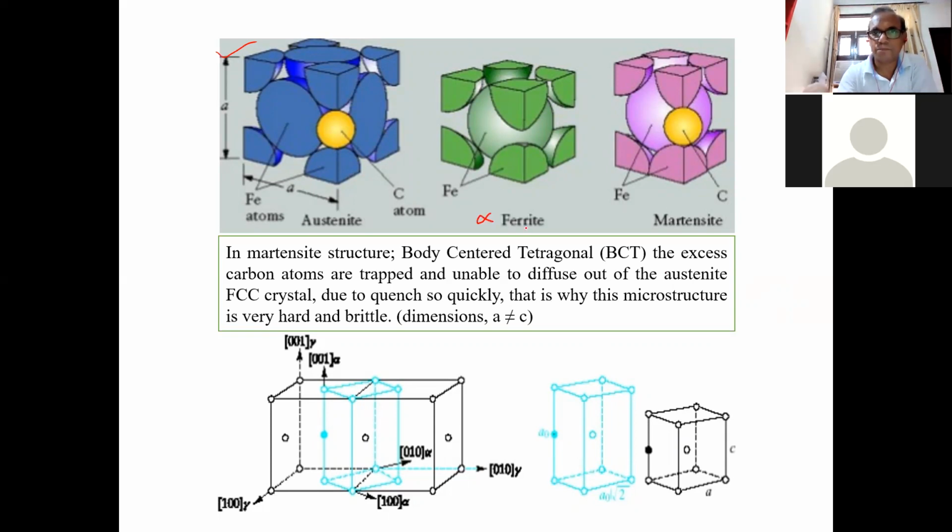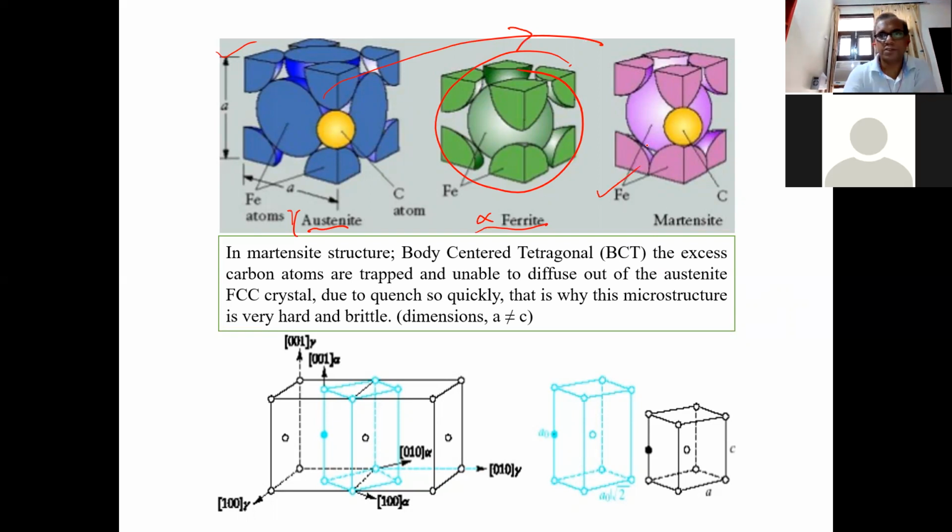This is alpha ferrite. This is gamma austenite. अभी ये प्रोसेस इतना फास्ट है कि इसको मौका ही नहीं मिलेगा. So the structure will be a little bit of this type.